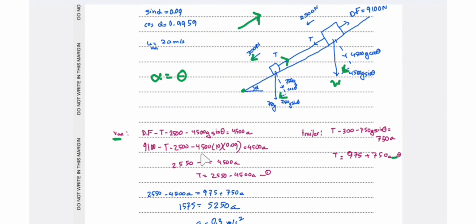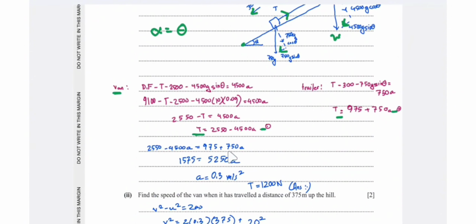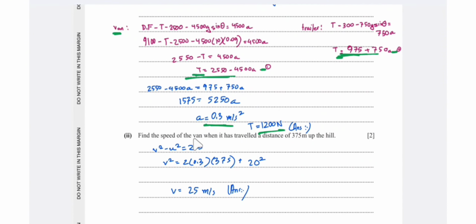Since the tension is the same, if we equate both equations, we get the acceleration as 0.3 meter per second square. After substituting the acceleration into either equation, we find the tension as 1200 Newton.